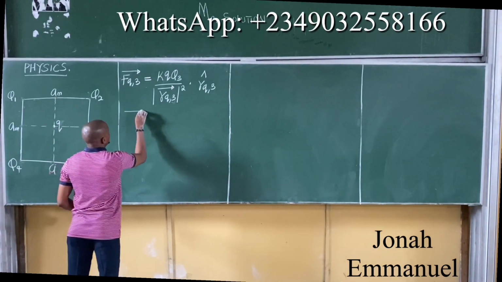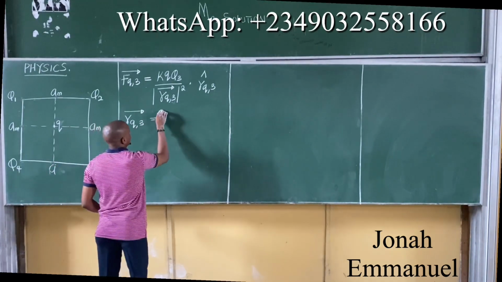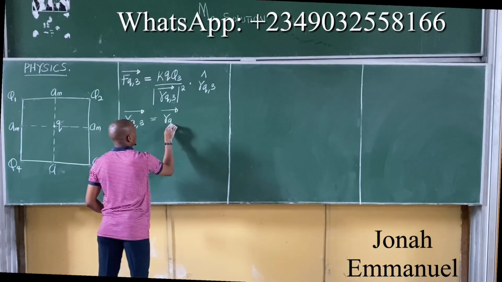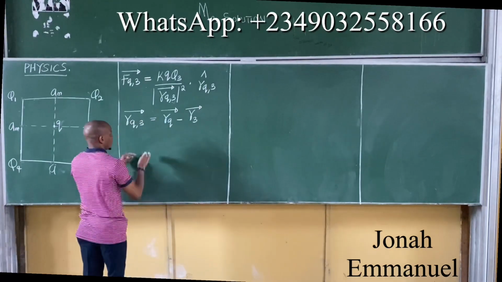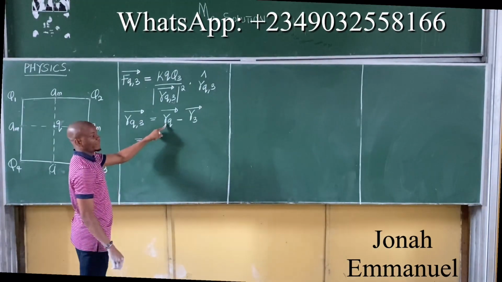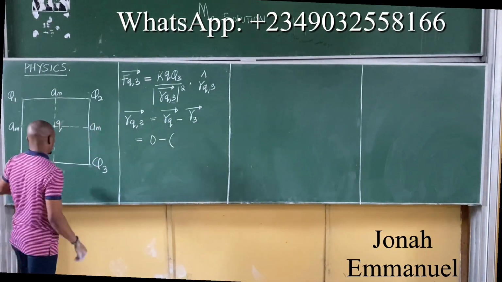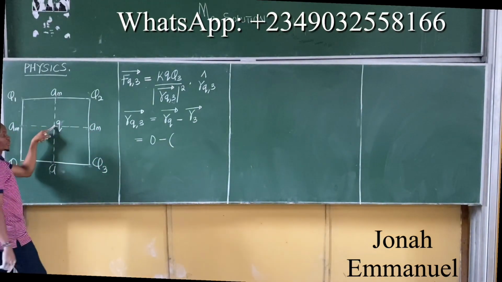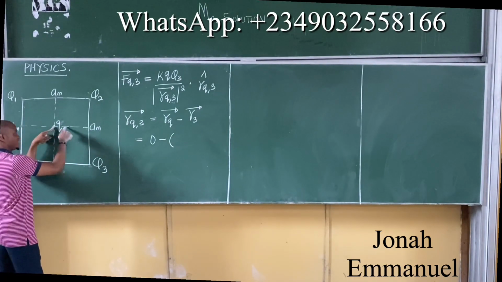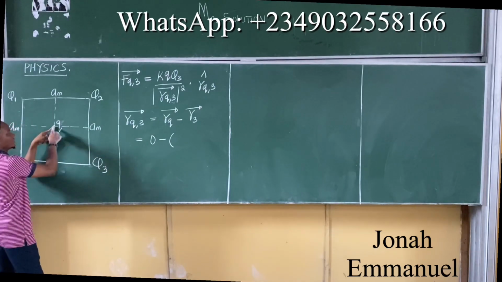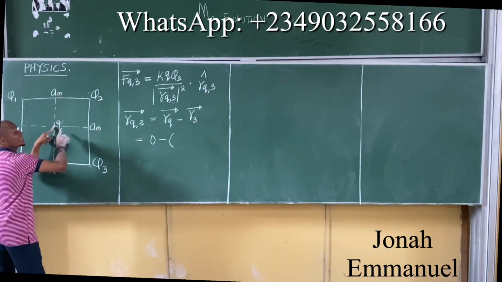So we have that RQ3 is equal to RQ minus R3. Alright. Input this value. Here's my reference. So it becomes 0 minus R3. So here's this. Here's Q3. So I'm moving this way and this way. First of all, this way, this distance is a over 2. In the positive, that's right.